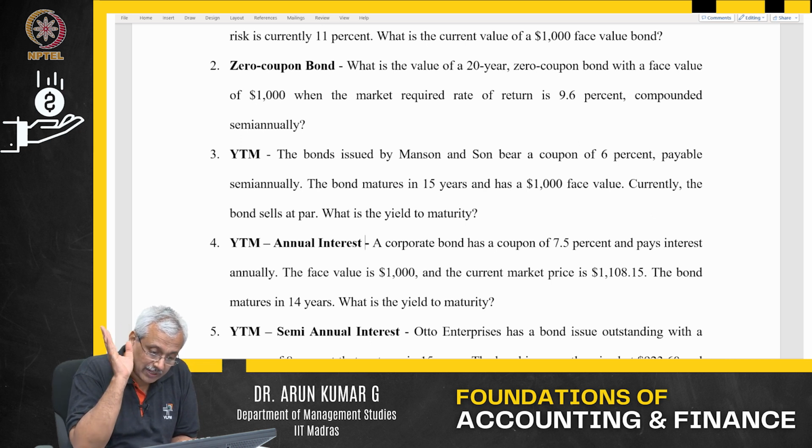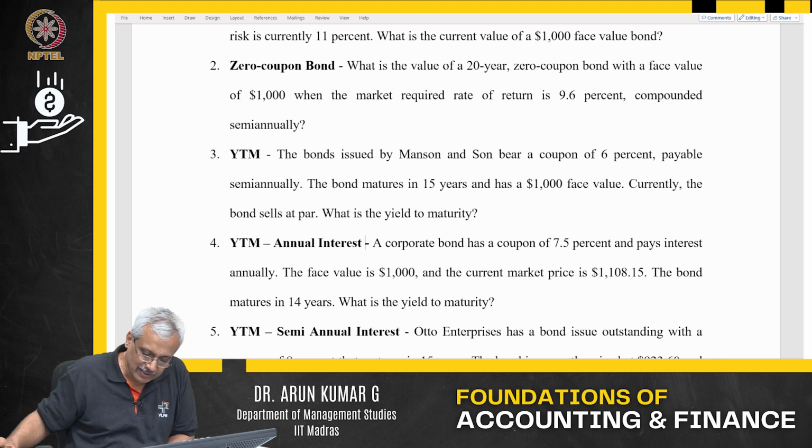Please note, annually. The face value is $1000 and the current market price is 1108.15. The bond matures in 14 years. What is the yield to maturity?